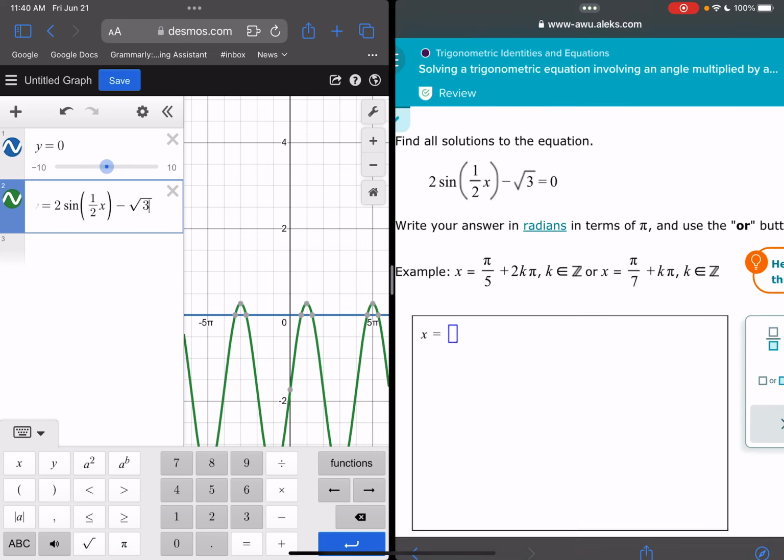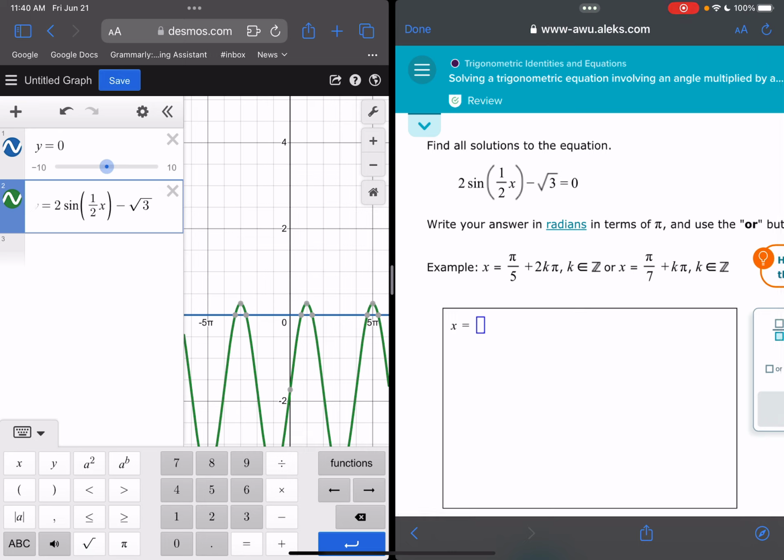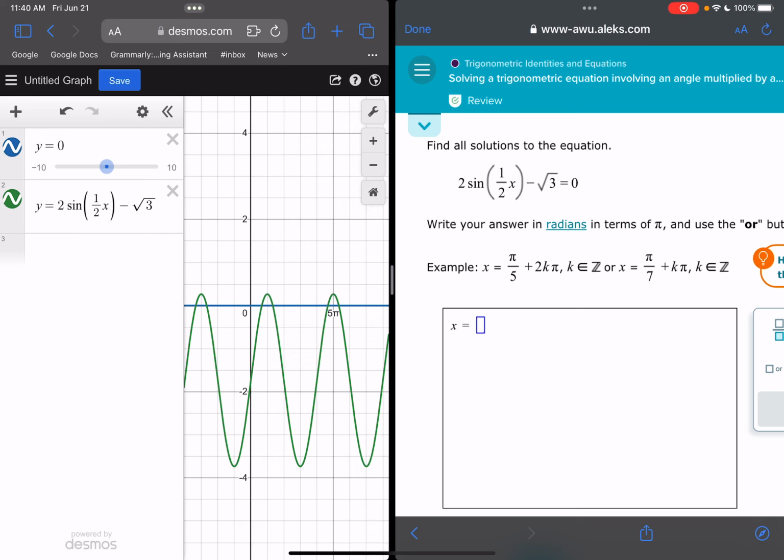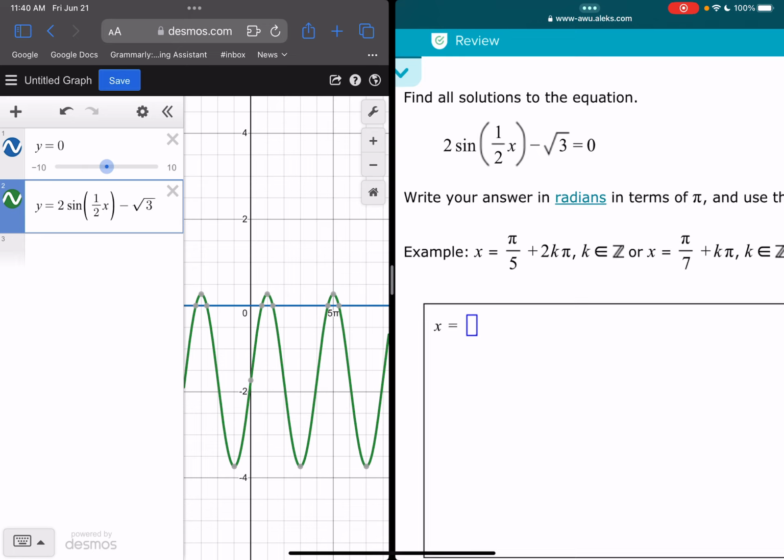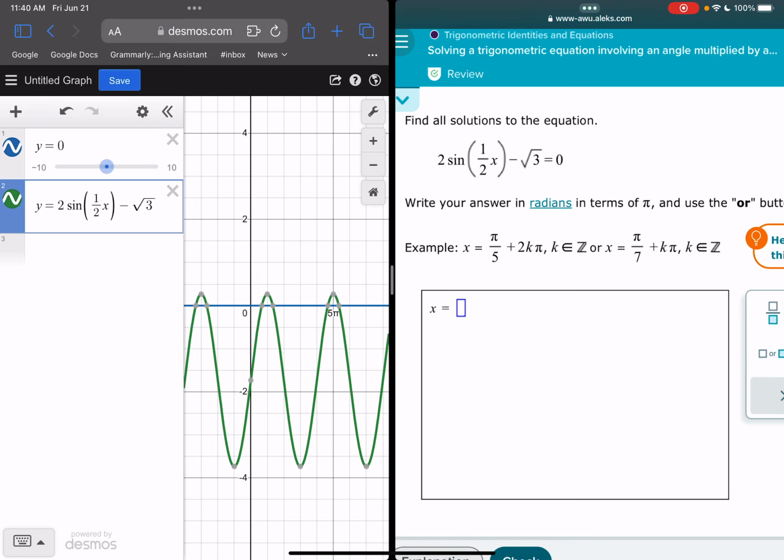And notice it doesn't have that thing where it's between 0 and 2 pi, so it's ongoing. And that's why we have to put it in that weird format.